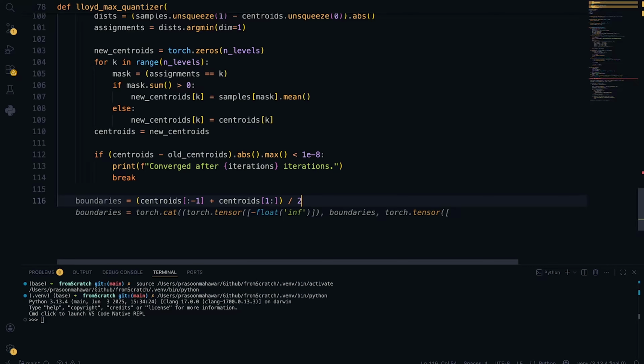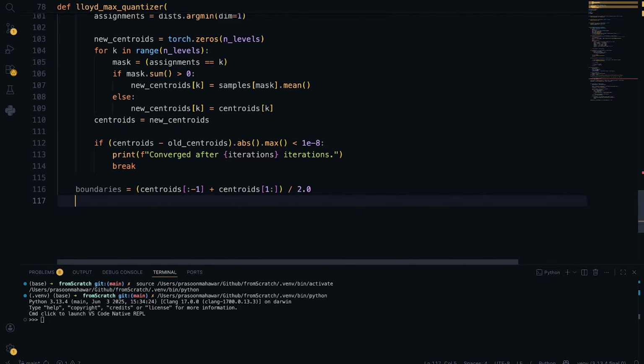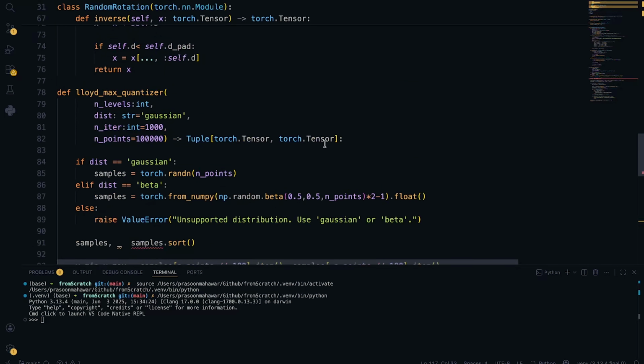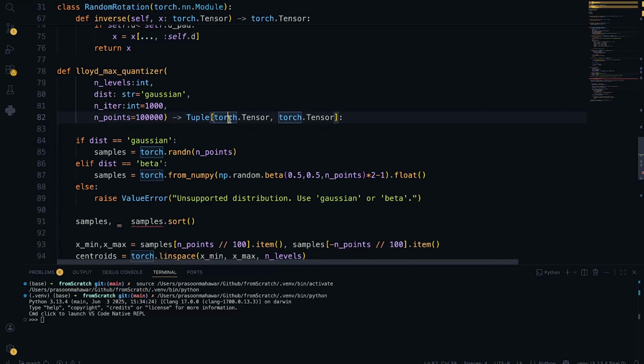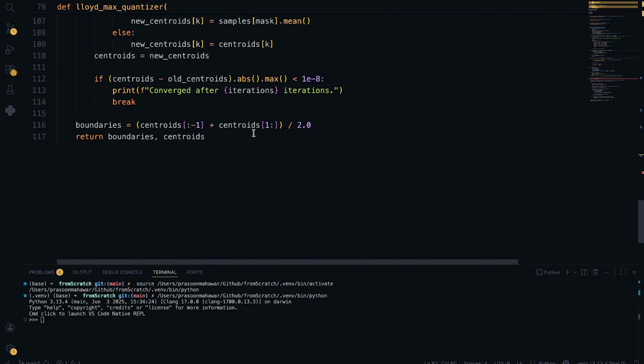Yeah, this is divided by 2.0. We need the float values, and we return the centroids and the boundaries, or let's say boundaries and the centroids. I think we define the boundaries first. Okay, these are torch, so it doesn't really matter, but okay.